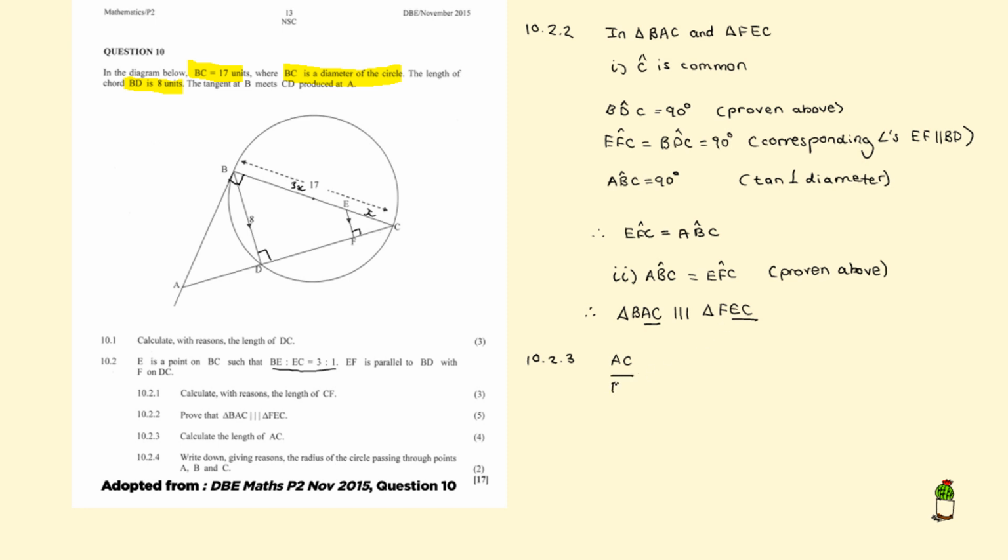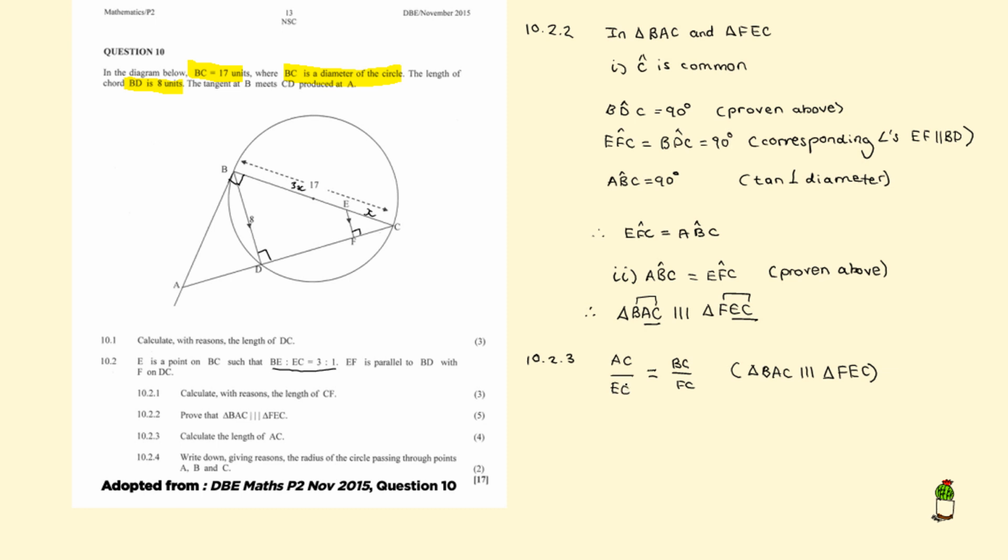AC will be to EC. Okay, this is equal to, let's take BC in the big triangle because we know what BC is equal to. So BC will be to FC. And the reason for this proportionality is similarity. So triangle ABC is similar to triangle FEC. Okay, now let's see if this is going to work out.